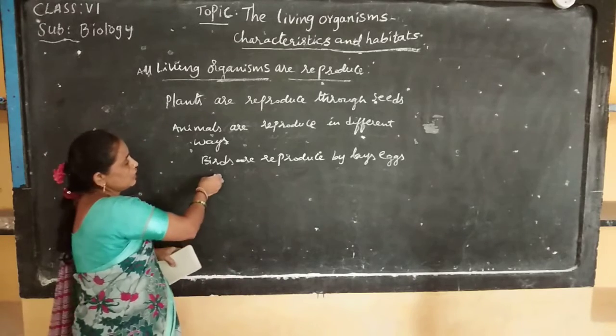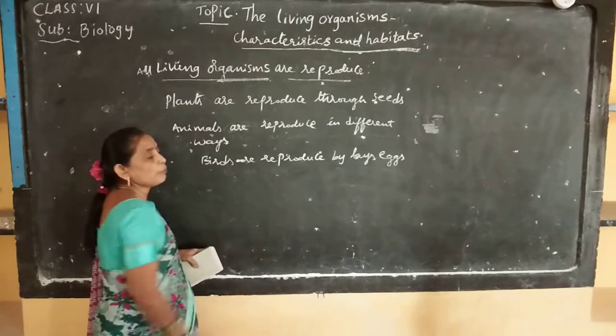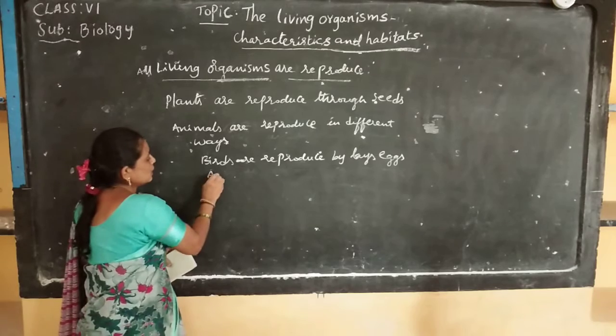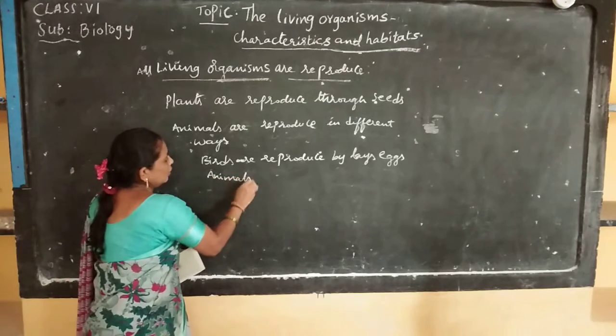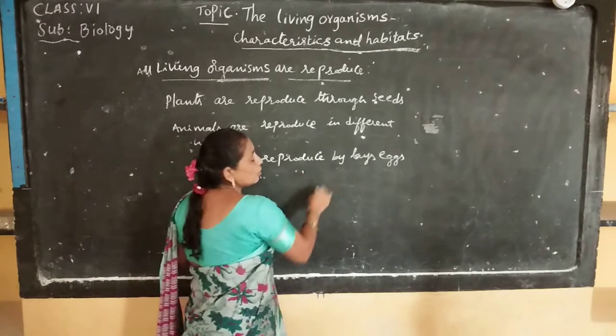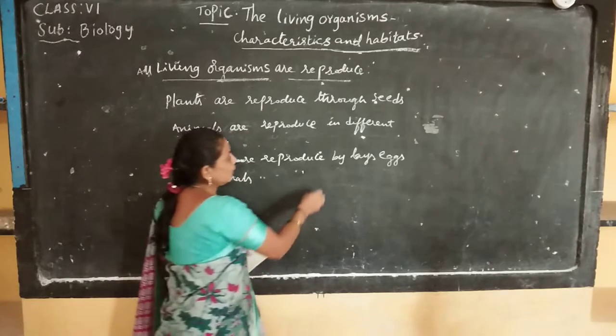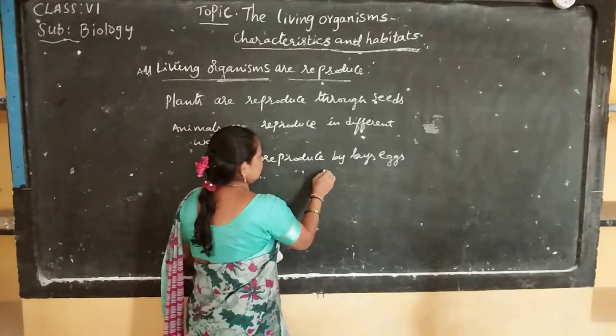Then birds. Birds reproduce by laying eggs. Animals reproduce by giving birth directly to their young ones.